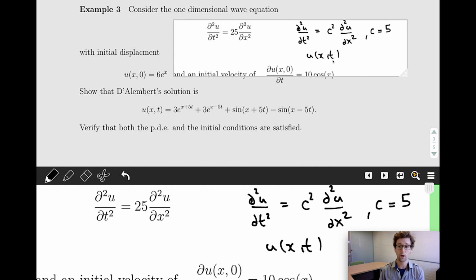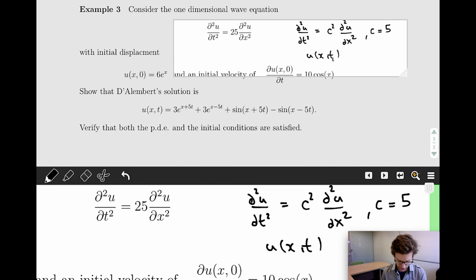In exactly the same way, I could think about a wave propagating across the ocean. In that case, u would be the height of the ocean, the deformation of the surface of the ocean, and u of x and t tells me how the height of the ocean is changing with time and space.